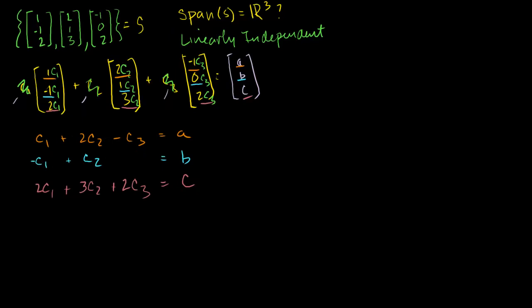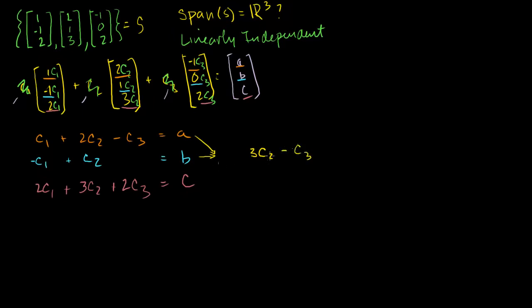So let me do that. I'm just going to add these two equations to each other and replace this one with that sum. So minus C1 plus C1, that just gives you 0. I can ignore it. Then C2 plus 2C2, that's 3C2. And then 0 plus minus C3 is equal to minus C3.